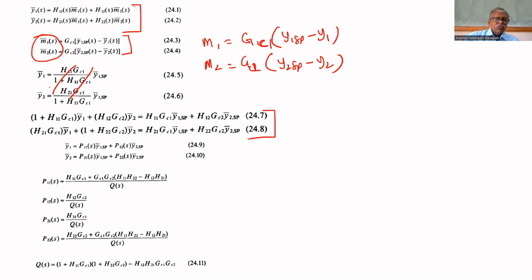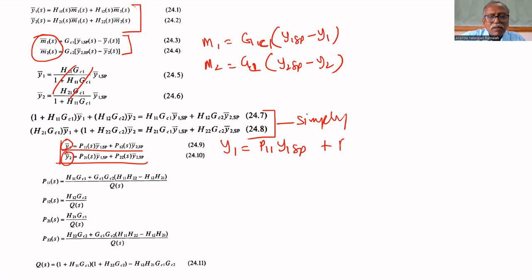If you simplify and find the expression for y1 and y2, you will get these two expressions, 9 and 10. What does 9 say? y1 equals p11 y1 set point plus p12 y2 set point.